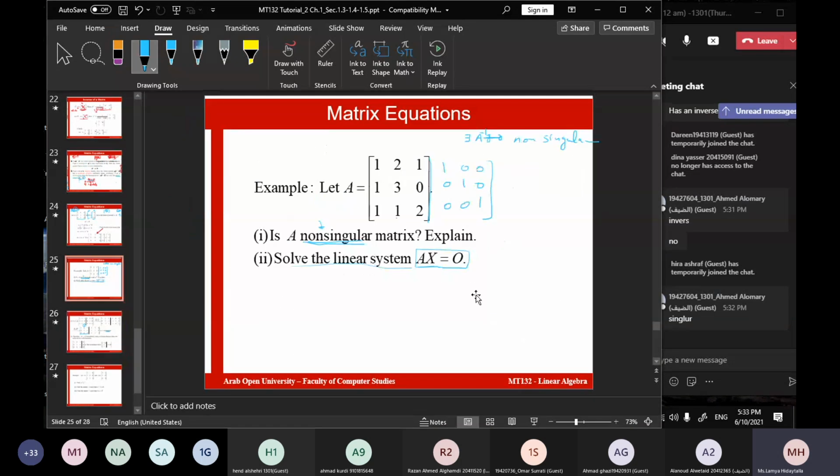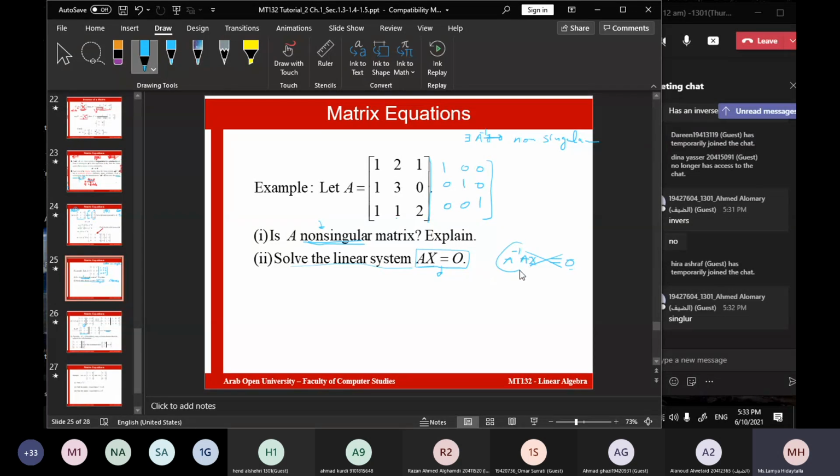Now we come back here. He asked me to solve the linear system AX equals 0. Should I tell him there is no solution because I cannot multiply A inverse by AX equals 0 to get X? No. No. It could have a solution. How do I solve?